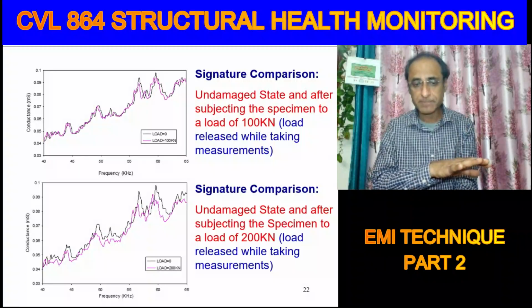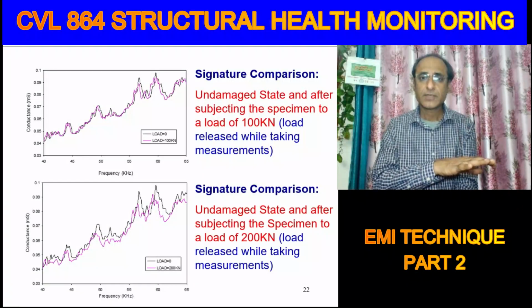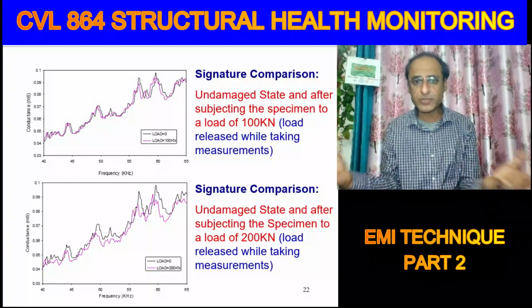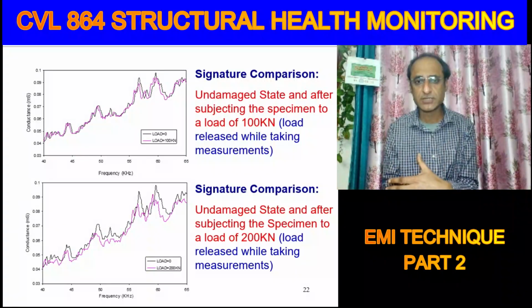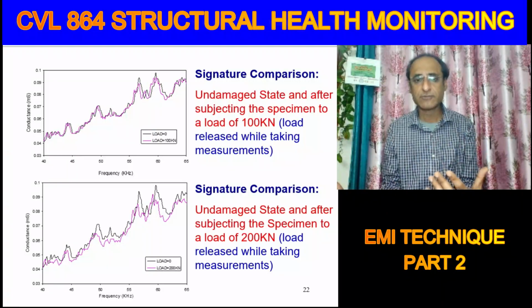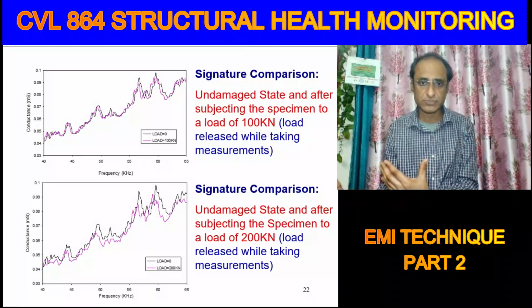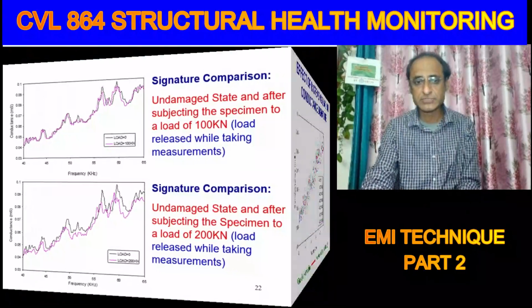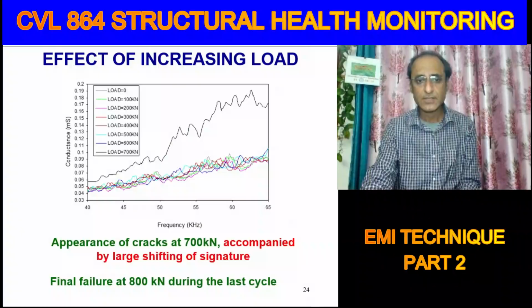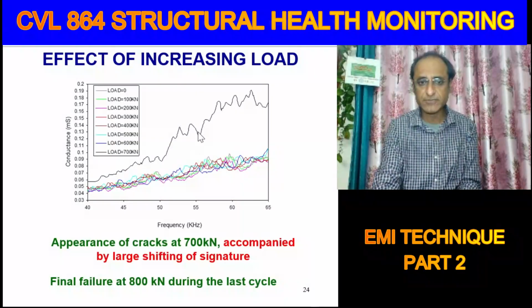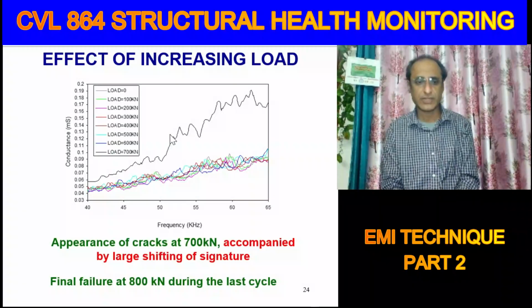Then after that there's a region where we don't see much change in the deviation in signature unless we are reaching a penultimate stage. At the penultimate stage, just before the collapse, we could see a very large change.